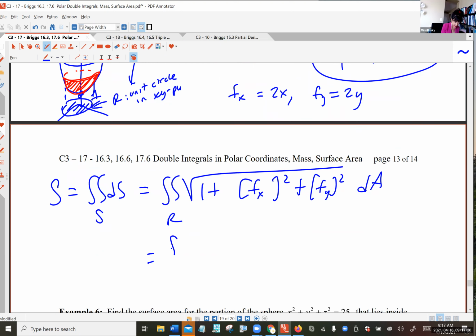So for us, that's 1 plus (2x) squared plus (2y) squared as your radicand, and then dA.